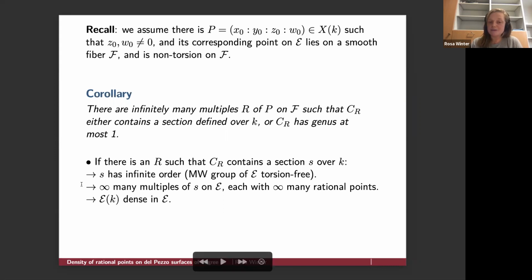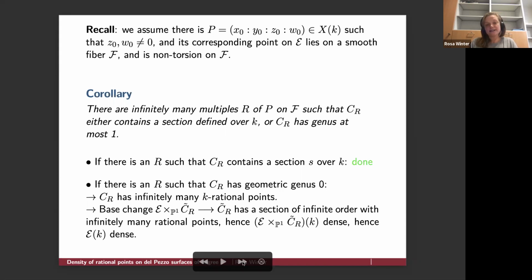So there are infinitely many multiples of this section on my elliptic surface, and they all have infinitely many rational points because this section was defined over K. Therefore, the set of rational points on the elliptic surface is dense. So in the first case, if there is an R on the fiber such that I have a 3-section that contains a section, then the rational points on the elliptic surface are dense. So we are done, because this implies the density of the rational points on the Del Pezzo surface.